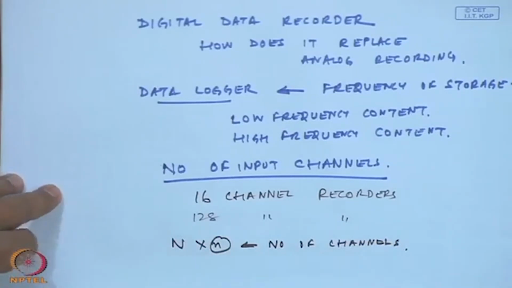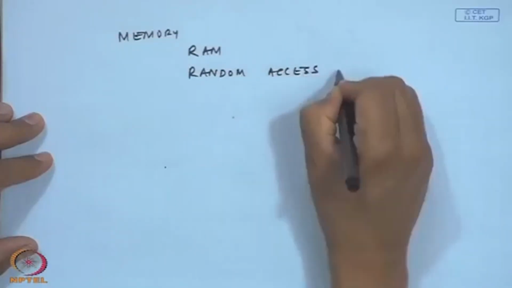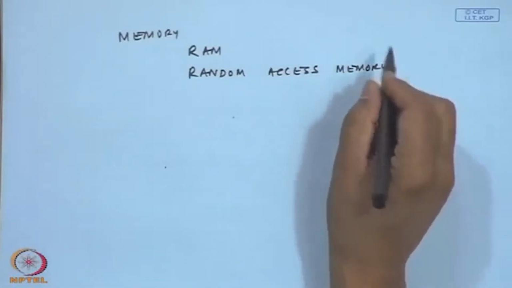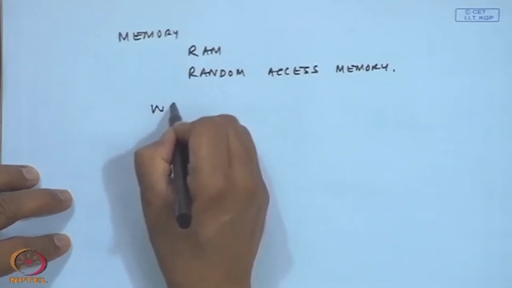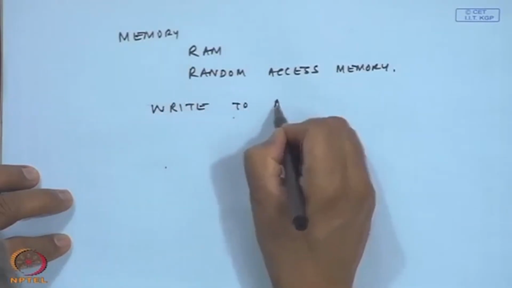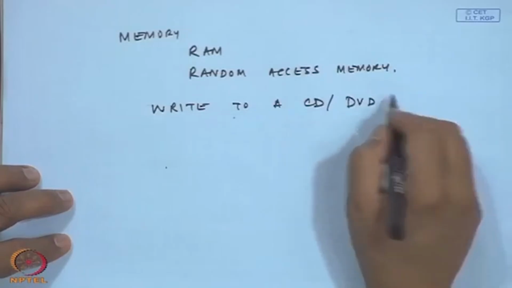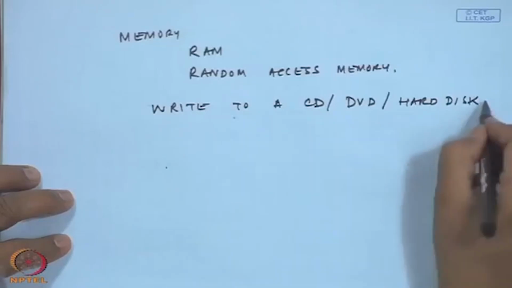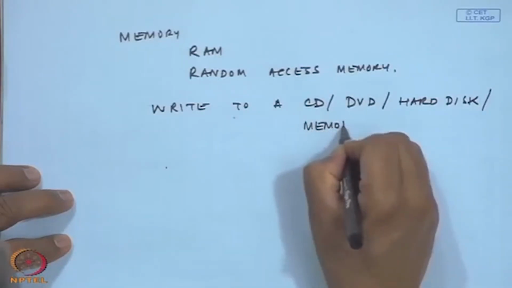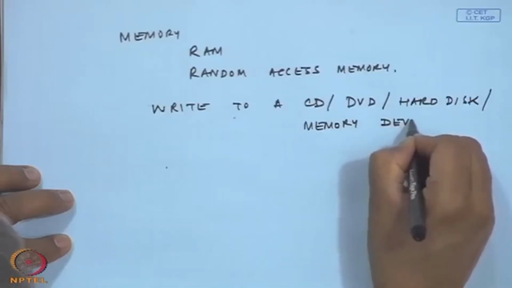And these data points have to be stored in a memory, which is RAM memory maybe, which could be erased, and then if you want to have a permanent record, you can write to a CD, DVD, or even put it in your hard disk, or maybe also in a memory card or device.